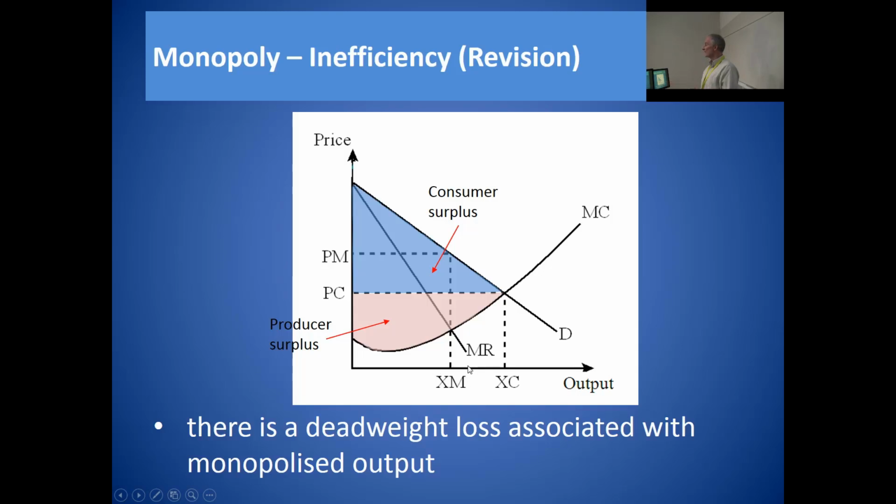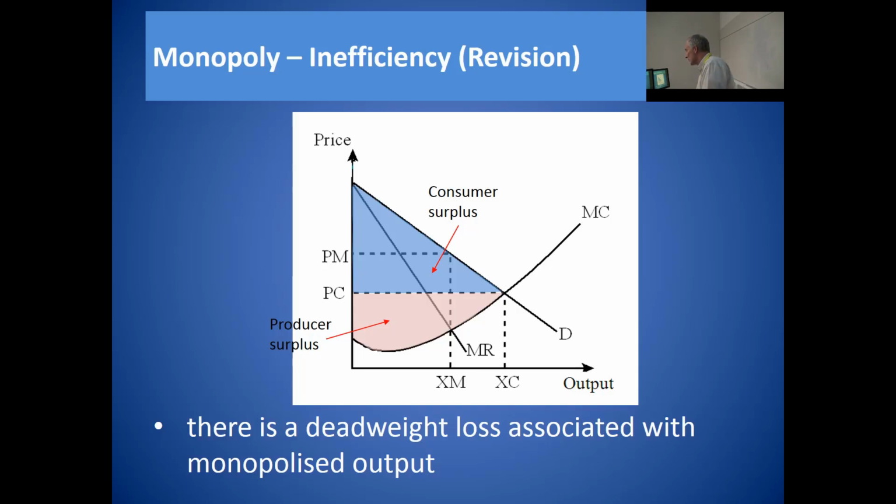And so, if the monopolist produces that level of output, what price would it charge? Well, then we just read off the demand curve. If you produce XM units of output, the market will pay a price of PM. So we said that PC and XC were the competitive price and output.